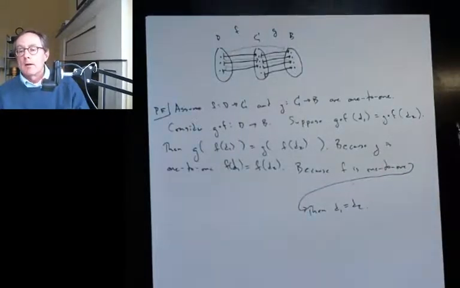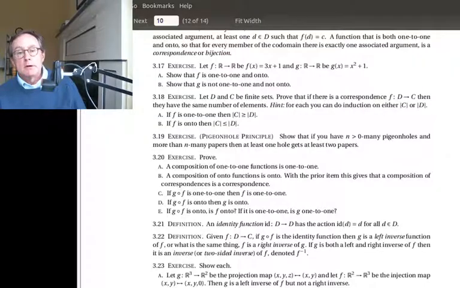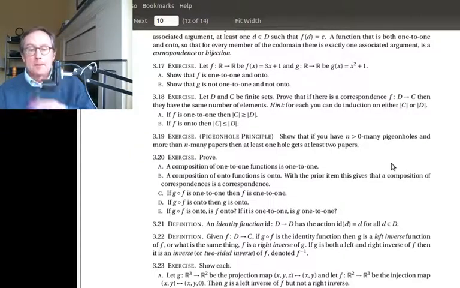Okay, let me bring back my window. So I just showed that a composition of one-to-one functions is one-to-one. Now what I want to do is show that if G circle F is one-to-one, then F is one-to-one.